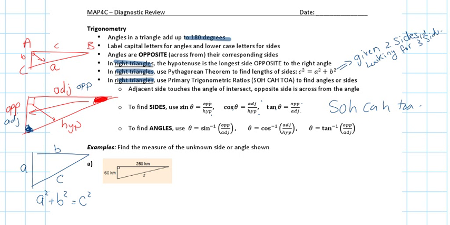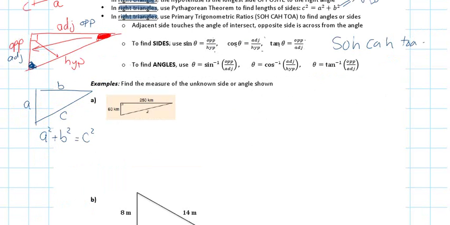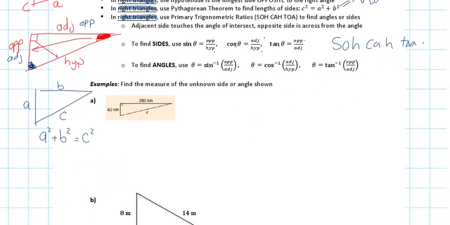Okay? Now, if I know b, for example, and I'm looking for a, what would my formula be? So I'm looking for a. In this case, remember, this is my original formula, the one that I'm going to derive the other formulas from.